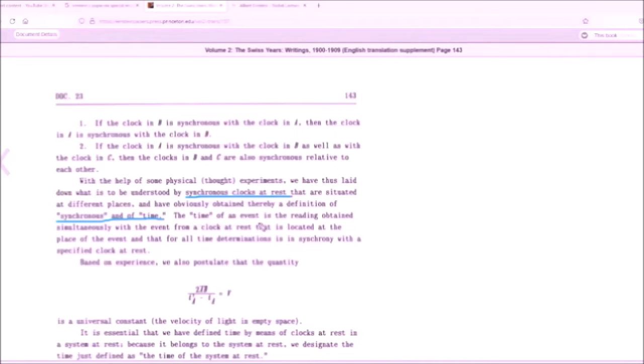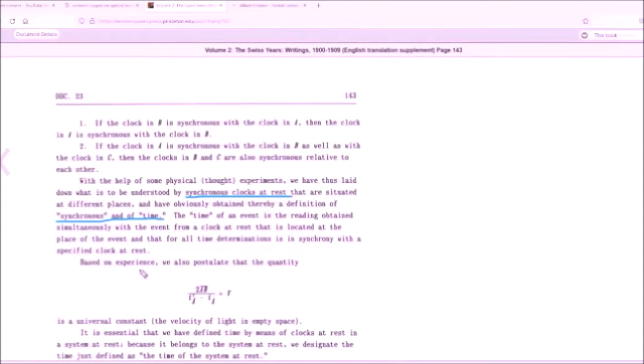The time of an event is the reading obtained simultaneously with the event from a clock at rest that is located at the place of the event, and that for all time determinations is in synchrony with a specified clock at rest.